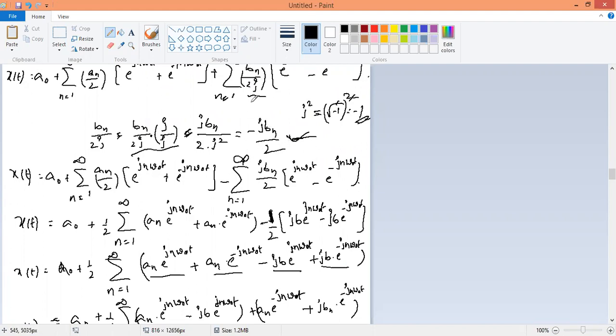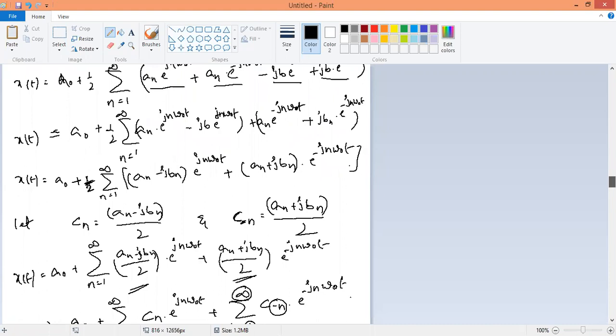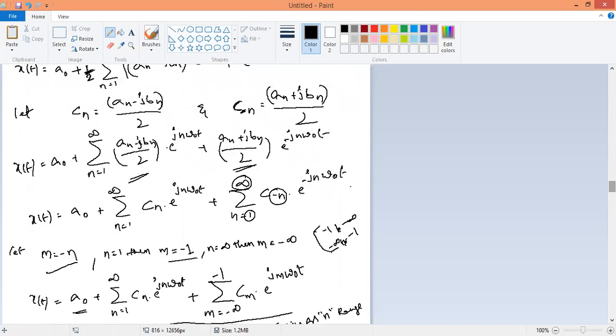Next, substitute the minus j bn by 2 in this equation: an by 2 plus minus j bn by 2. First separate the 1 by 2 from this and multiply the e power j n omega naught t with an and minus j bn. Here also multiply the e power minus jn omega naught t with an and j bn.